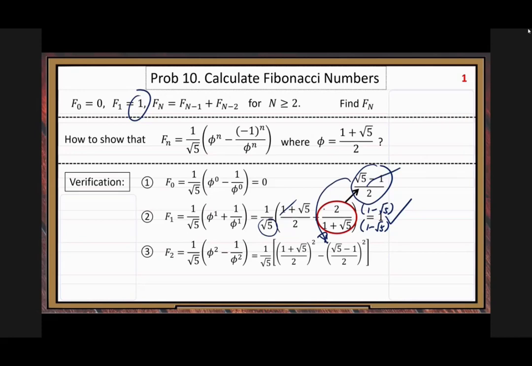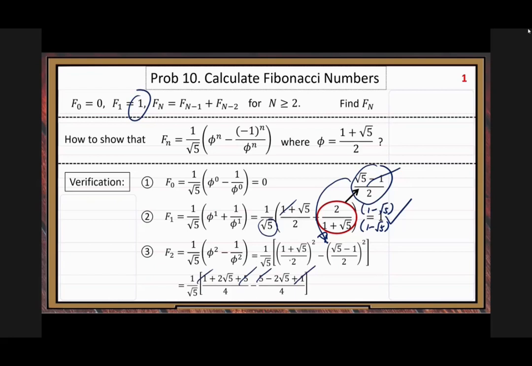But we need to do some simplification. So multiply everything out, cancellation. After I multiply out all the terms, then cancellation: 5, 5, 1, 1 cancel out. 2 root 5 minus negative, it becomes plus 2 root 5, right?